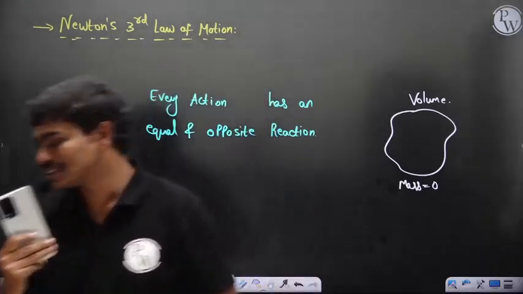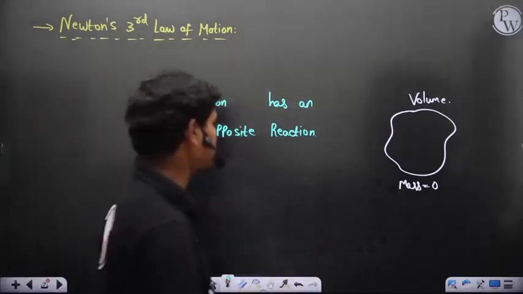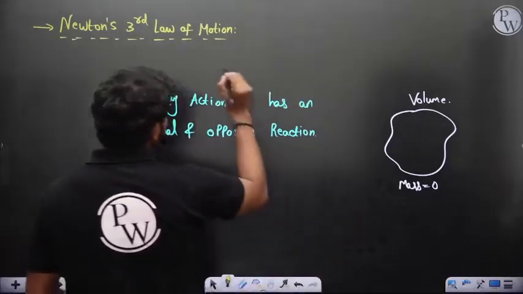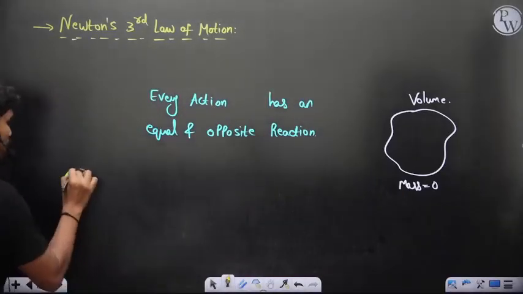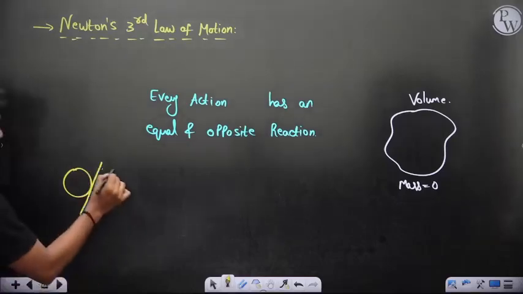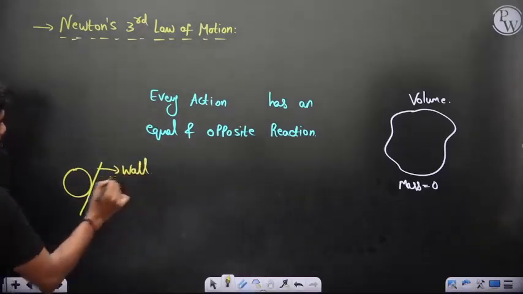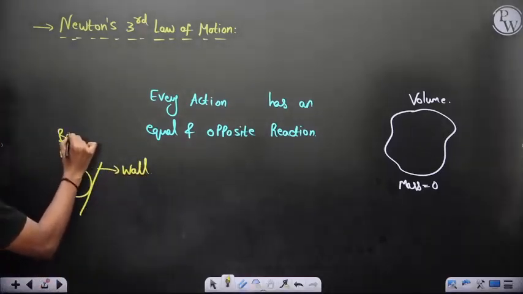So what Newton actually tells is, look, when two bodies are in contact, let's say this is a wall and this is maybe something like a ball, okay?